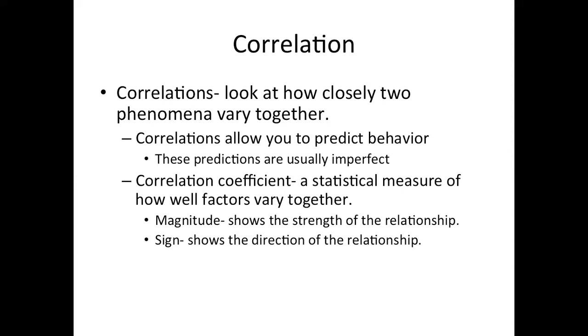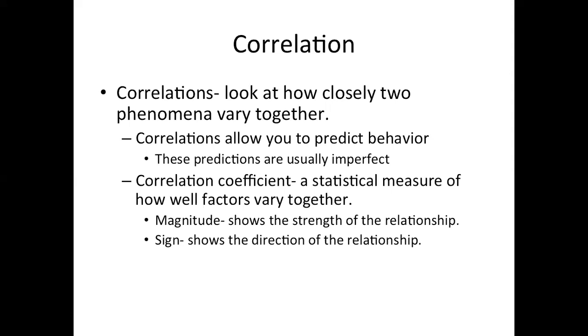Now, can you also describe behavior with a correlation? Yes. But the new thing you can do, the added value of a correlation, is allowing you to predict a behavior.